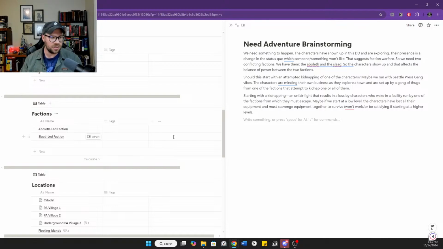The other faction is going to become either good guys or a more morally gray area as opposed to being straight up evil. And I think there's a lot of stuff we could do with a morally gray Aboleth led faction. But what do you all think? Let me know. I know we're on a little bit of a lag here, so we'll think about that as we chew through this.